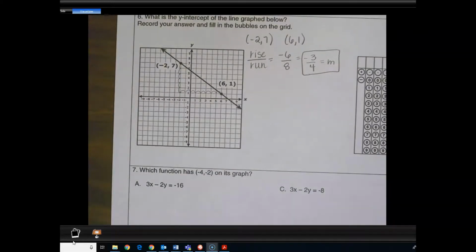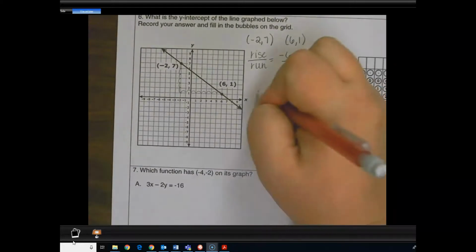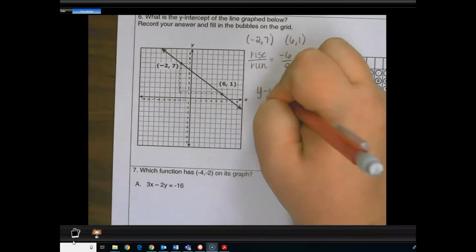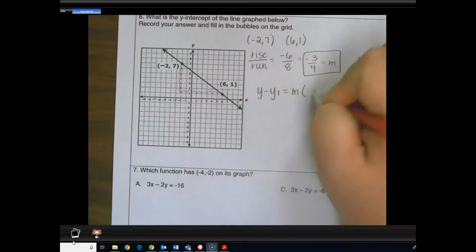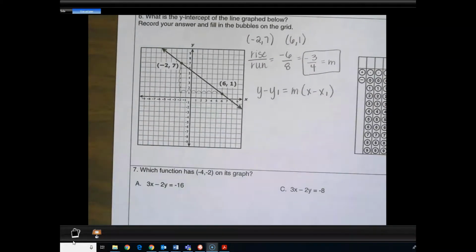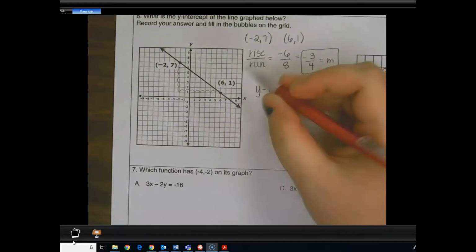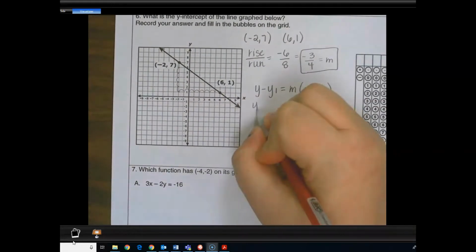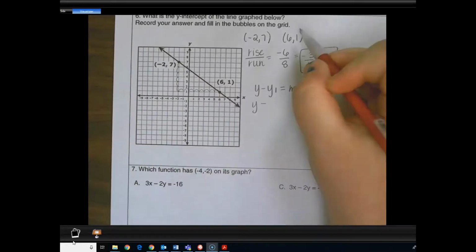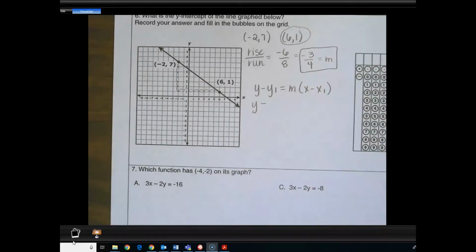All right, so then I'm going to go to my y minus y1 equals m times x minus x1. I'm going to plug it in. So my y stays as y. It doesn't matter which point; I'm going to stick with the one that has 2 positives.